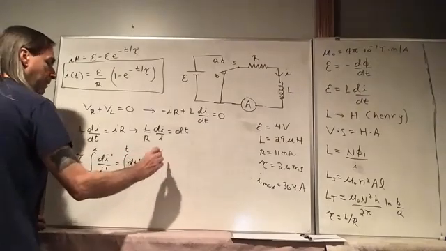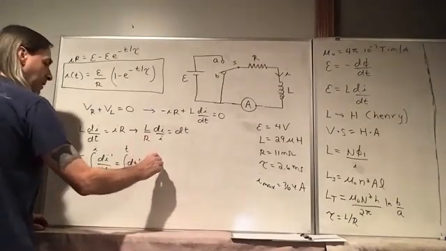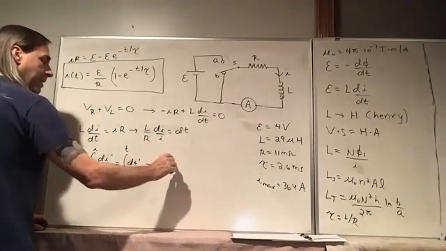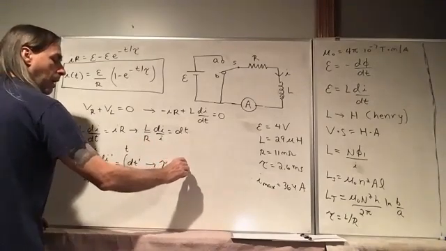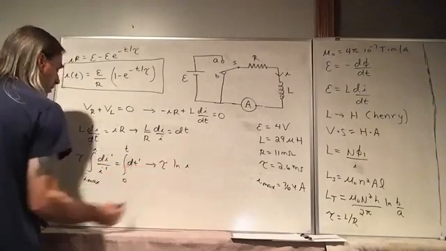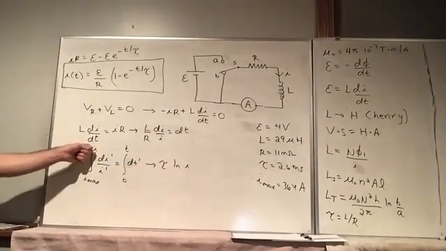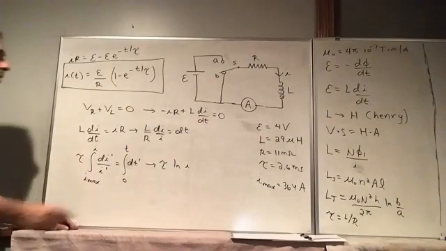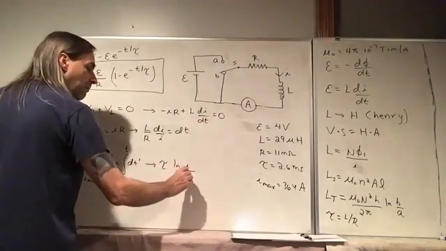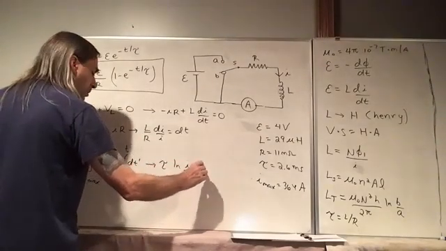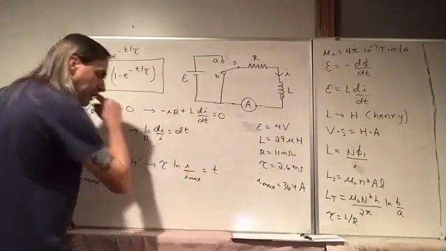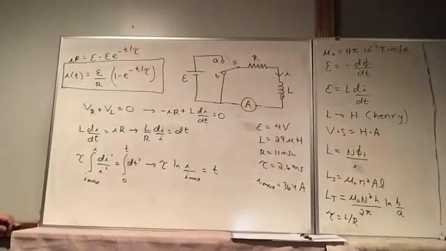So we have tau times natural log of I minus natural log of I max. I always picture the movie company when I say that. So tau times the natural logarithm of I over I max is equal to t minus 0, or just t.